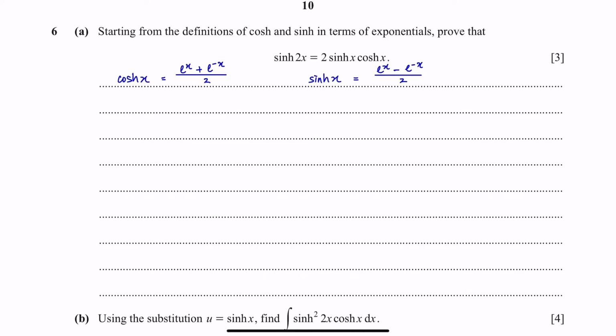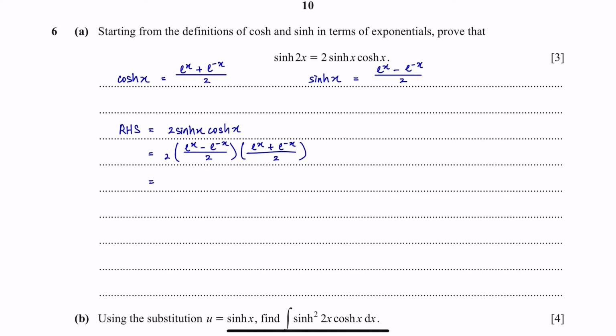So we can start from the right hand side. The right hand side says 2 sinh x cosh x. And we can plug the exponentials in. So e to the x minus e to the negative x over 2 times e to the x plus e to the negative x over 2.